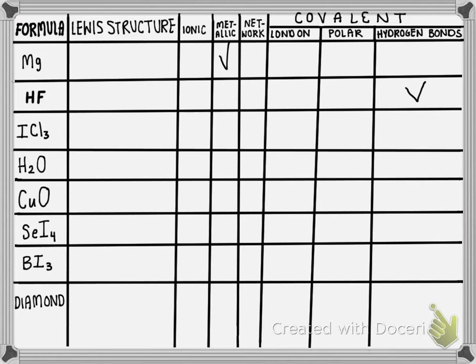But we're not done here. We have to actually draw the Lewis structure to see if it is polar or not. The other piece of information we can tell immediately is that it is London dispersion, because anything that is covalent is automatically London dispersion.